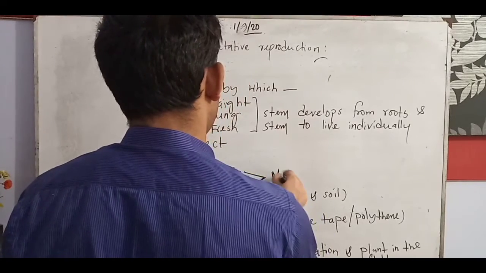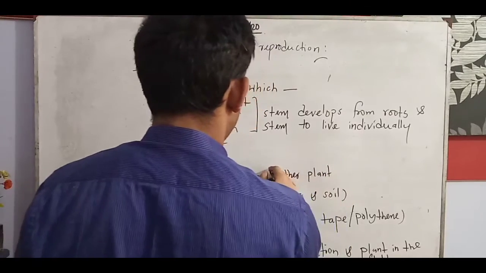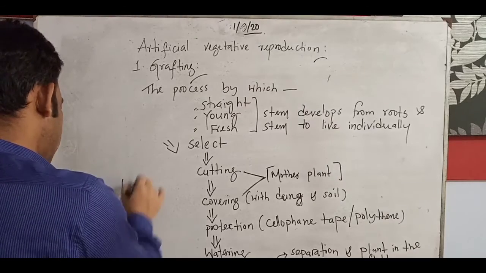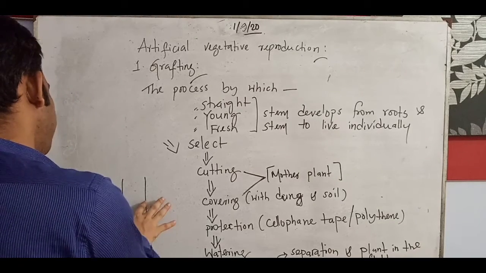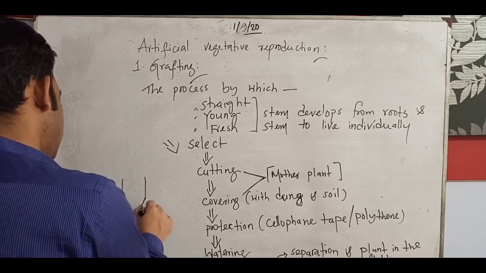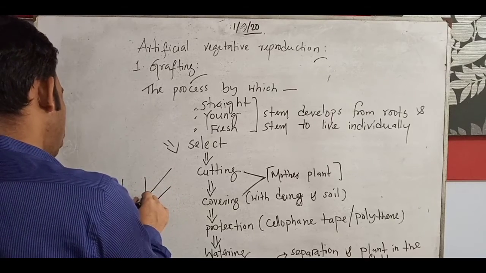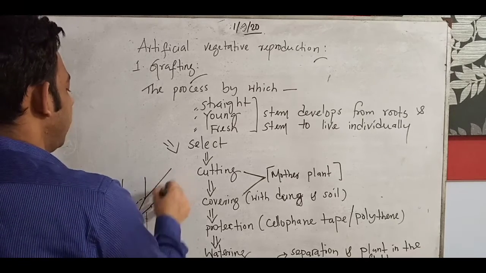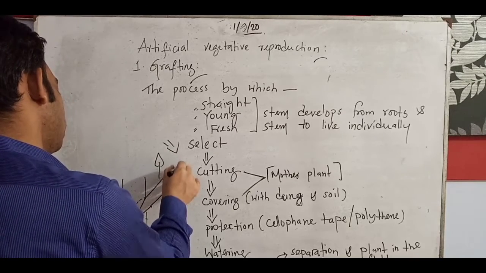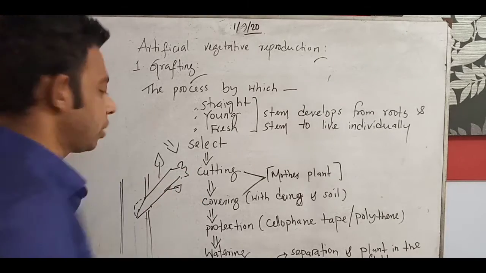The mother plant will of course be there. I will help you understand the mother plant. Suppose this is the mother plant, and we ensure that the part has a hole, just for example and understanding.